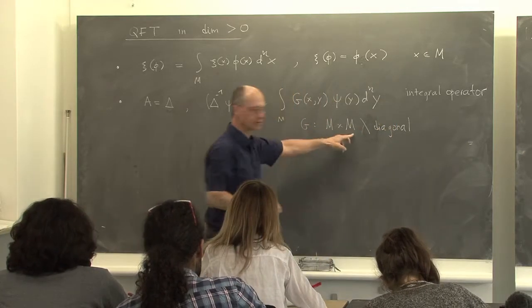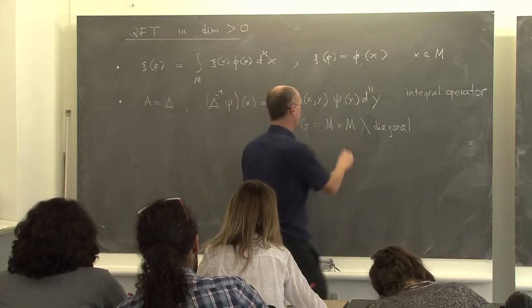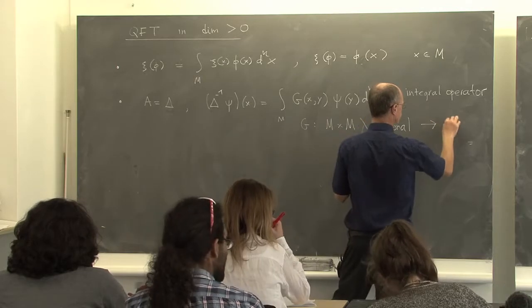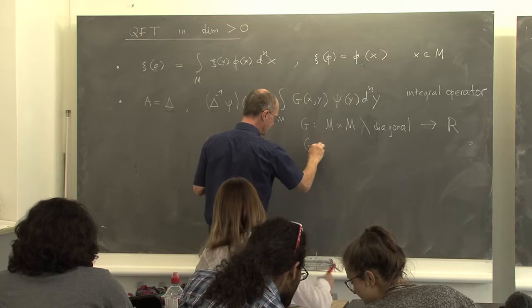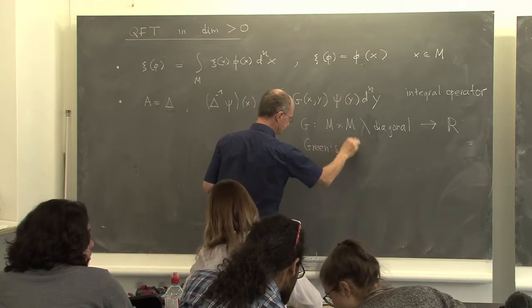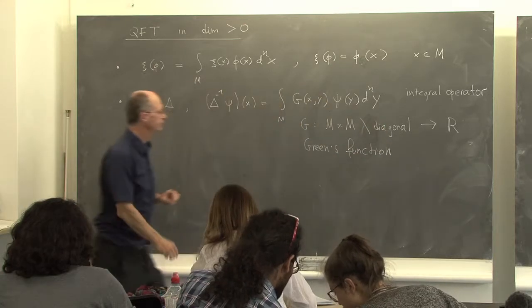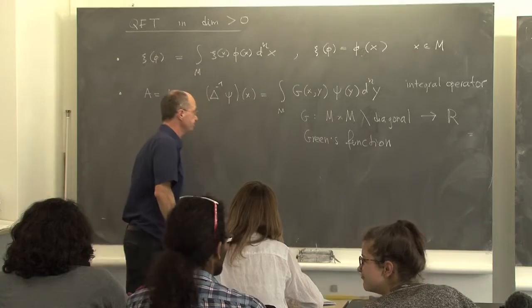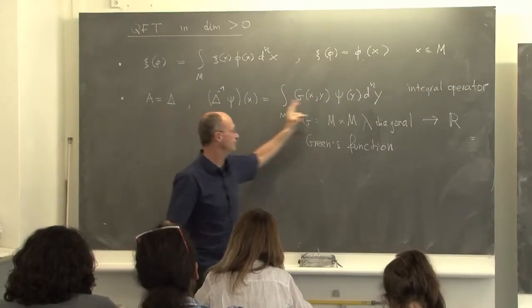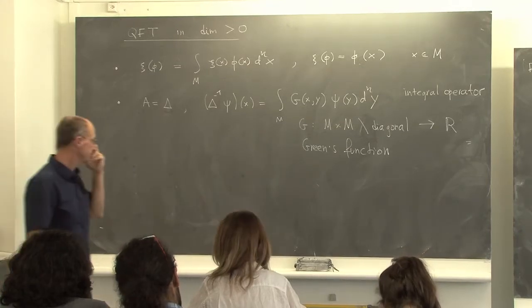So minus the set of points of the type (x, x), to, in our case, R. In analysis, the usual name for it is a Green's function, or sometimes such an integral operator is called a Green's operator.